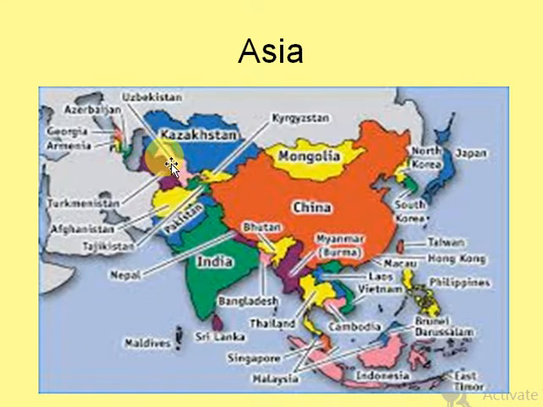Here you have the Ural Mountains. It separates Asia from the Europe. Look at the map carefully. This all area is of Asia.